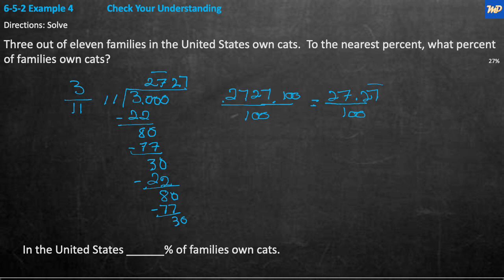That means we've multiplied by the 100. So now we replace this with the percent sign. That equals 27. And they said approximately to the nearest percent. 0.2 takes us down. So it's 27%. So the answer here is 27%. You did a good job, I'm sure.